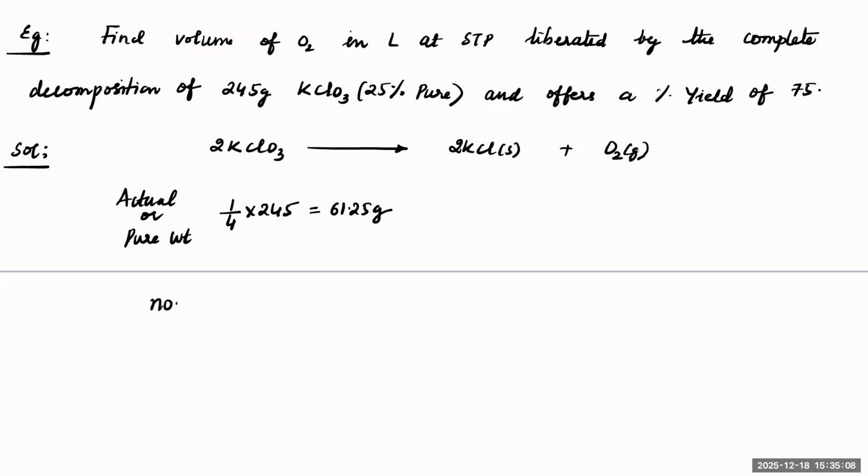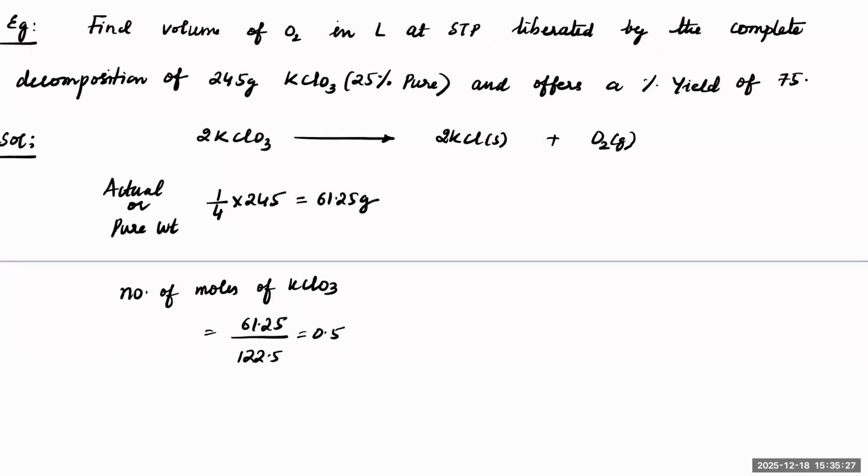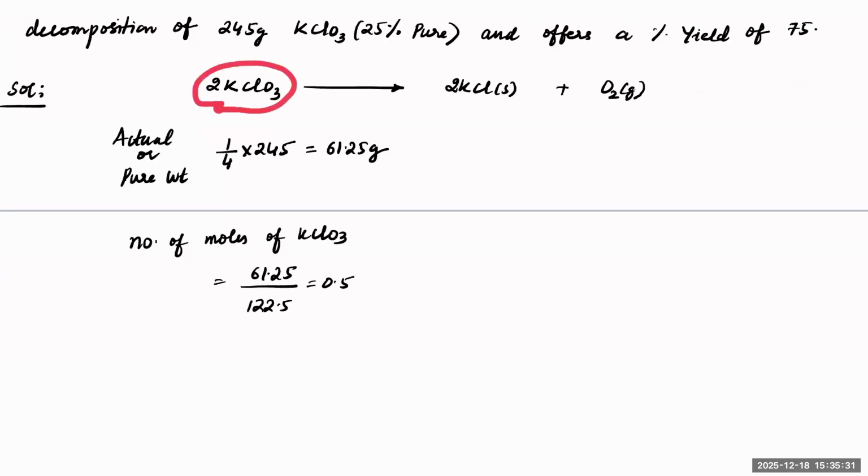So the number of moles of KClO3 will be equal to 61.25 divided by 122.5, which is 0.5 moles. Okay. So you know that 2 moles are offering 1 mole of O2.